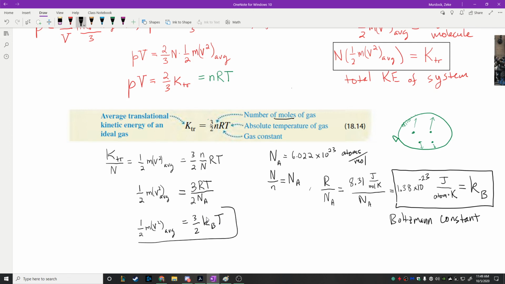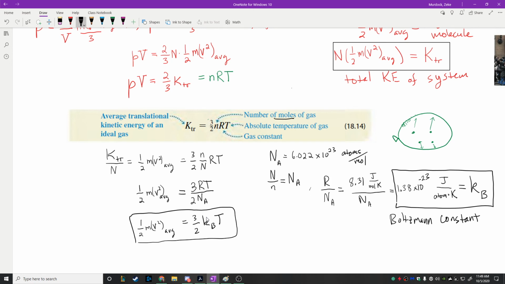That is another one of our equations. If you take 3/2 the Boltzmann constant times the temperature, this gives you the average kinetic energy per molecule. Now that is a really simple equation. It's literally just a constant times temperature. Since the Boltzmann constant is a representation of the joules per atom per unit Kelvin, this is really just a conversion factor.